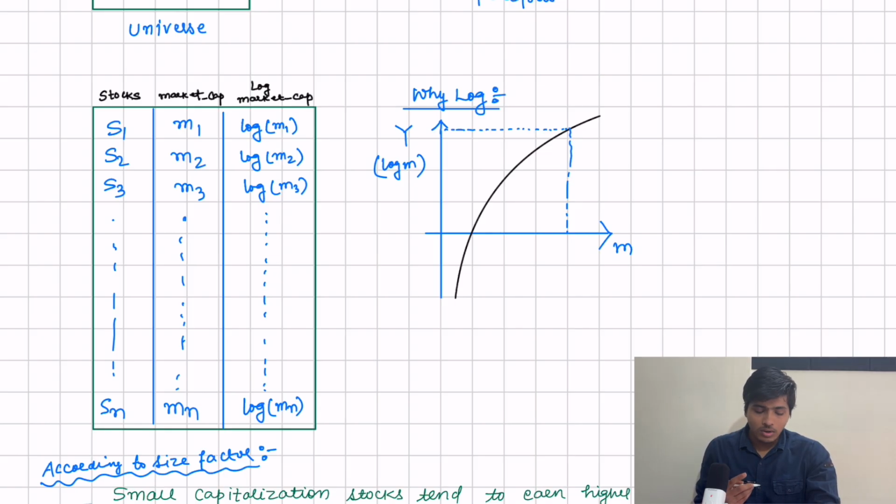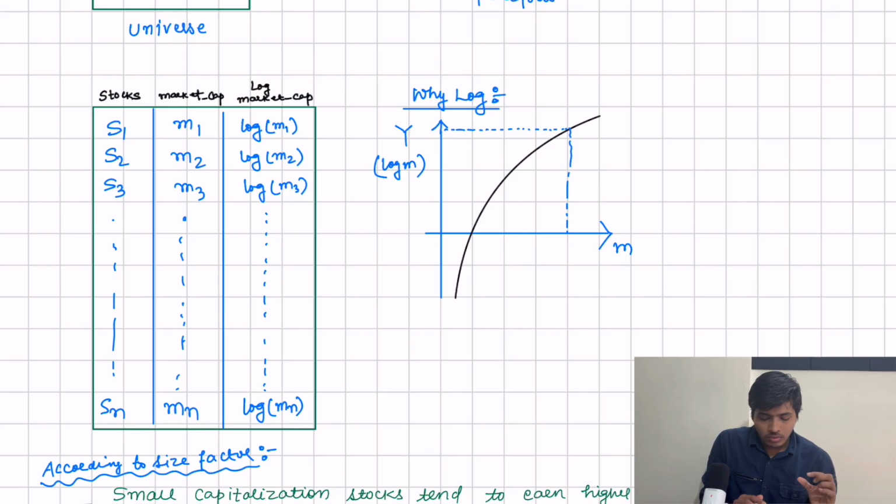Why are we taking log? Let's see. This is the curve of log. If this is M, then Y will be log M. So what happens is, in the Indian market, there are a lot of companies whose size is very large, and there are few companies whose size is comparable to those large companies. So we try to bring it to that scale.